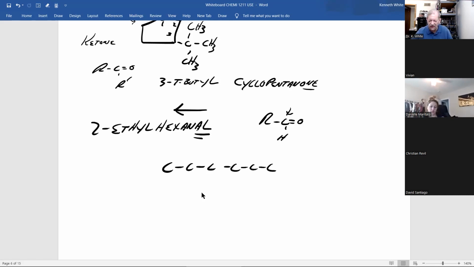Dr. White loves writing it, like all organic chemists do, on the right. This is carbon 1, this is 2. It's got an ethyl group on carbon 2, ethyl, 2 carbons, and there are 4 bonds to carbon. And say hello to my old friend, 2-ethylhexanal. This is a molecule I was able to use and exploit certain important properties of for my first US patent. Hello, old friend.